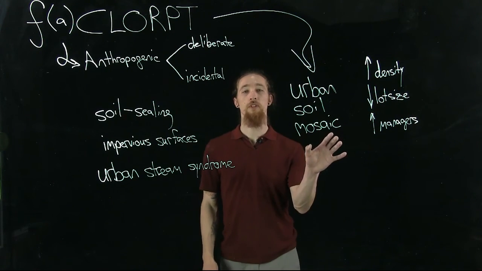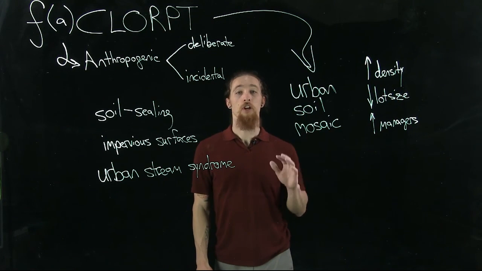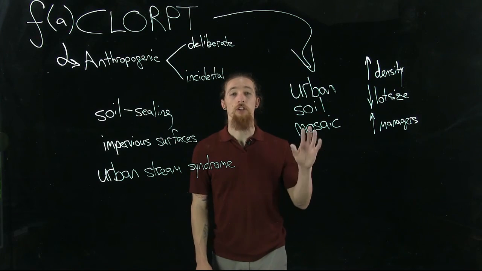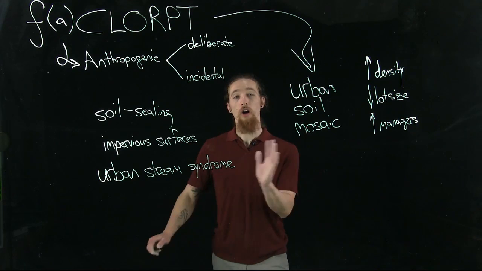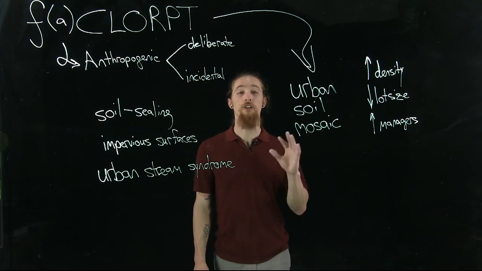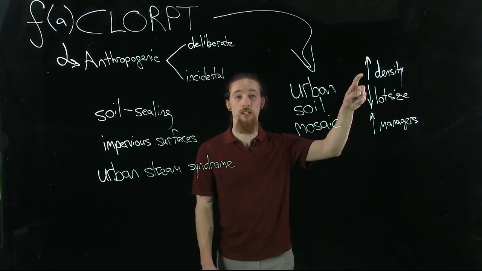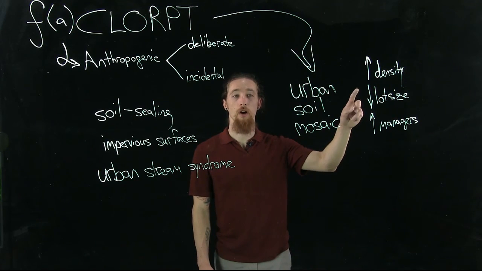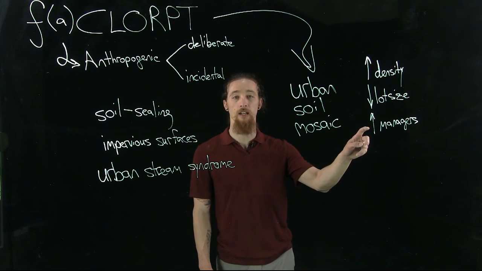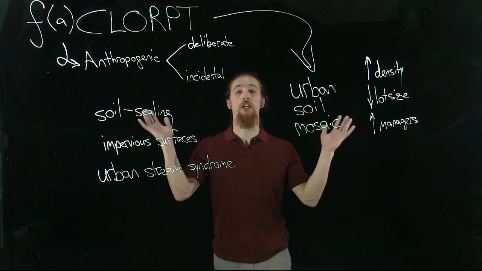This urban soil mosaic is a central tenet to understanding urban agriculture, to understanding your interaction with soil in an urban environment. You need to know that basically traditional knowledge of how soil works does not hold true in the city. You're going deeper into the city, everybody's lots get smaller, and thus the number of people making different decisions about what to do with their land increases, and the trajectories of the soil diverge immensely.